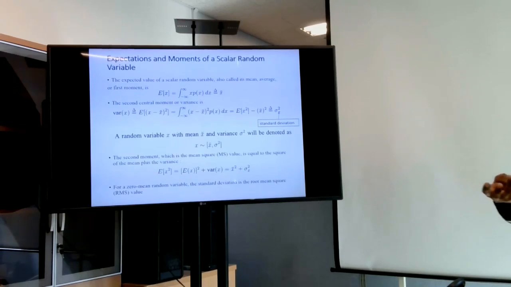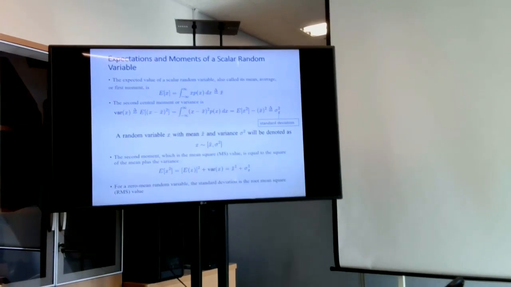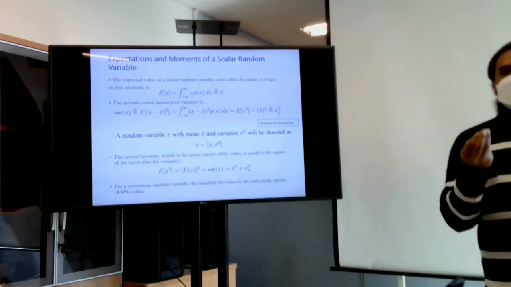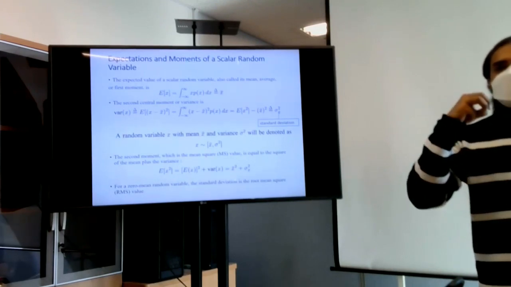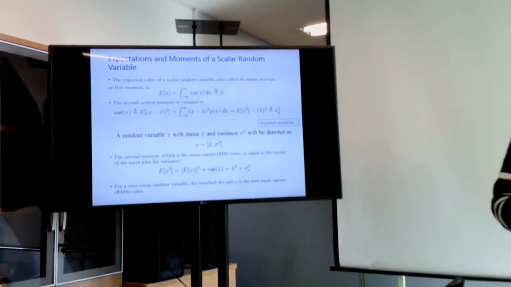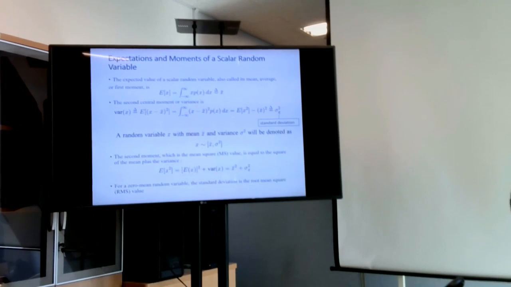Then what is the mean of x? Maybe we want to calculate the mean of the sum of the numbers that are obtained after all the times that we have rolled the die.